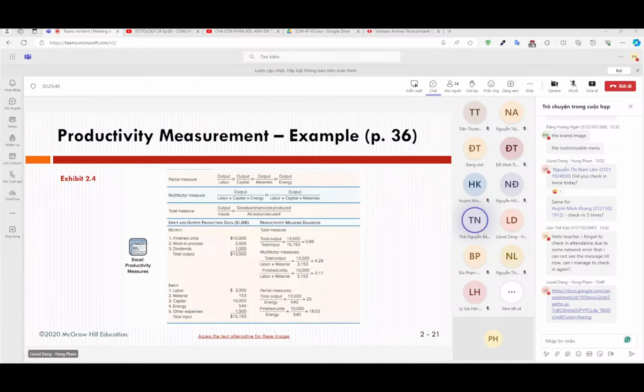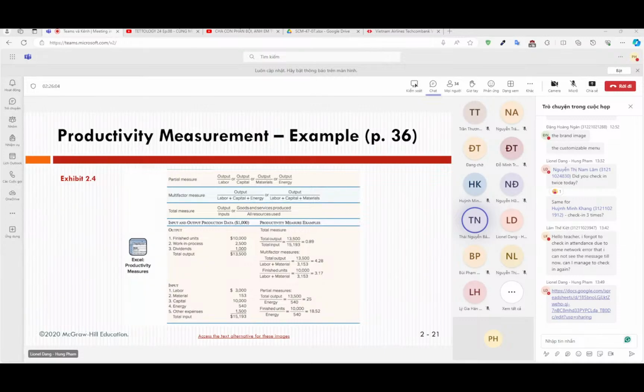In the partial measures, we use the output divided by a breakdown of the input. From the general calculation, we divide the input into smaller parts like labor, capital, material, or energy, and divide the output by each part of them.